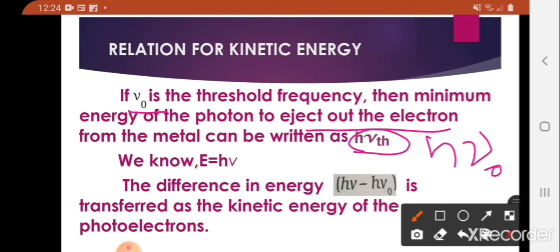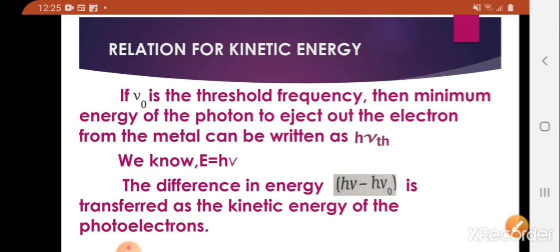So the minimum energy is E equal to h nu 0.